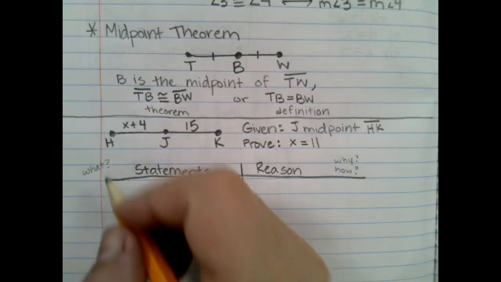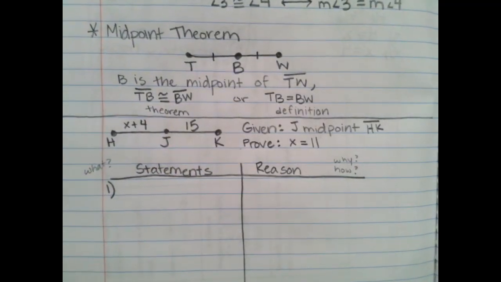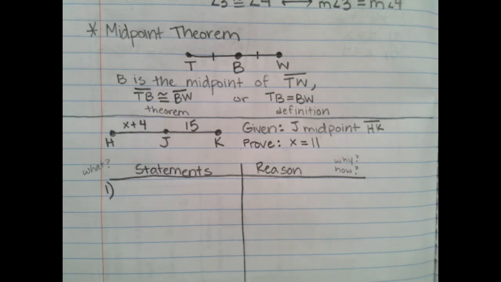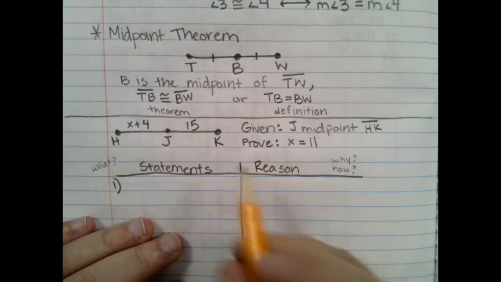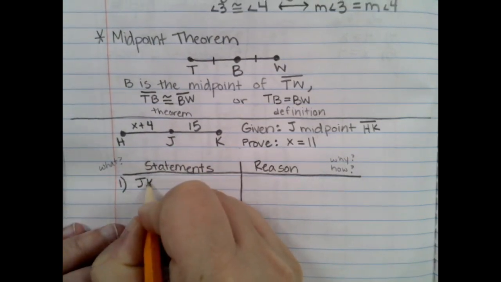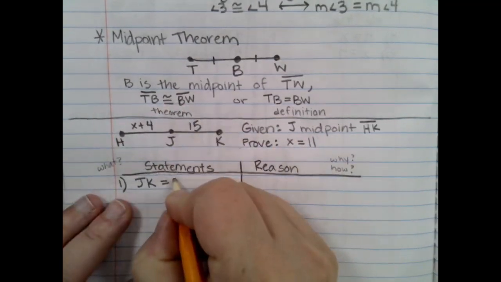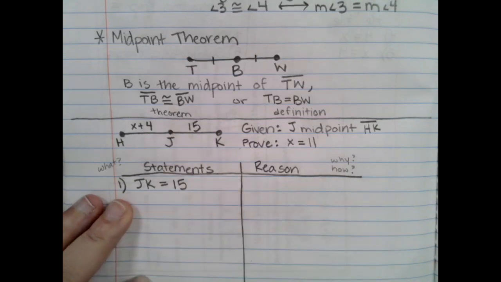All right, so for our first statement, we're going to state what we were given. So what information did this problem tell us? Yeah, it tells us that JK is 15. That one they didn't even say in the given over here, but it was part of the picture, so they did give us that information. JK equals 15.